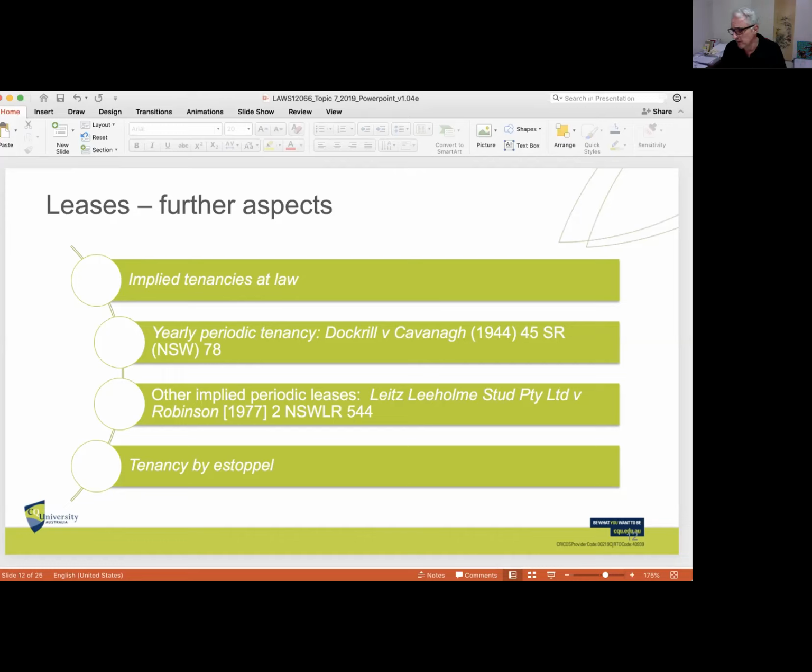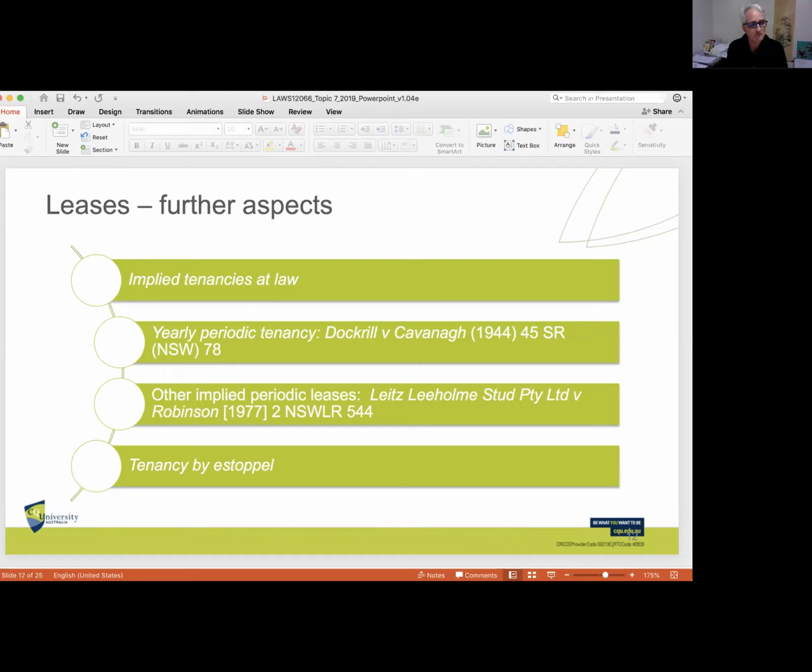There's also the idea of a tenancy by estoppel, and this also tosses up the idea of the role of equitable estoppel. And you recall from various units that you've undertaken, both covered in the earlier property law course, but also in your contract law studies and in your equity studies, the role of equitable estoppel.